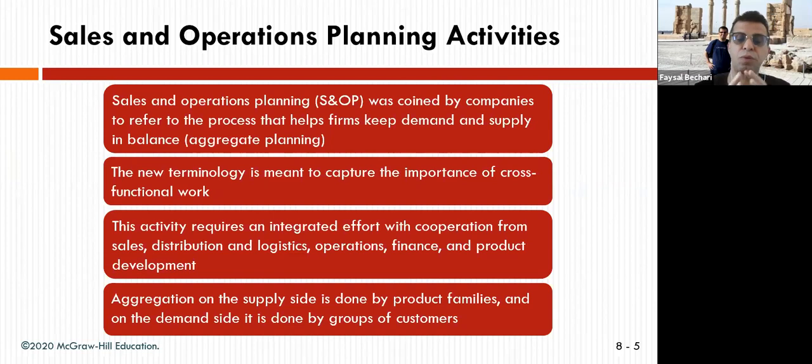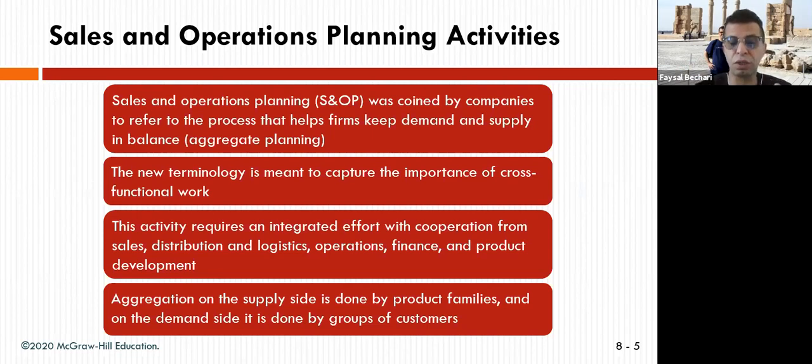Maybe in the next chapter, we will talk more about the technology that we can utilize in such an activity. This activity requires integrated effort with the cooperation of sales, distribution and logistics, operations, finance, and product development. In other words, all the departments have to come to an understanding. They're all in one boat, so all of them have to operate in synchronization with each other.